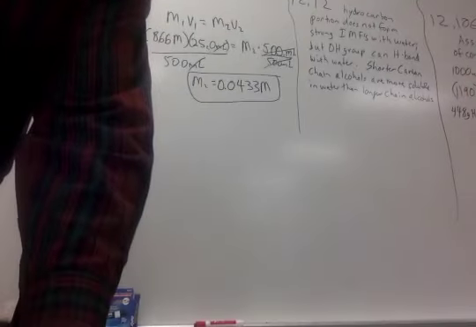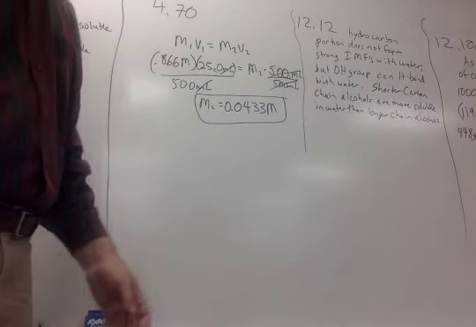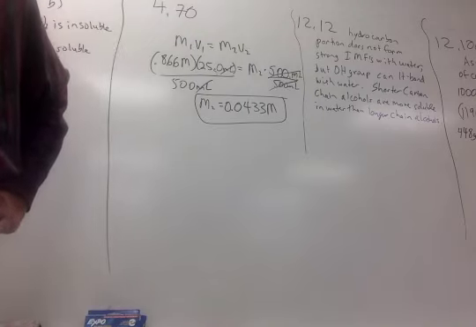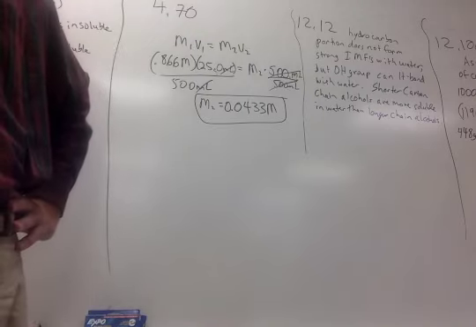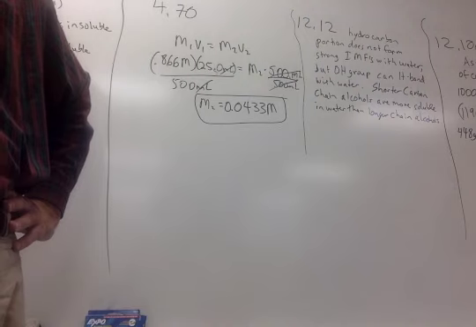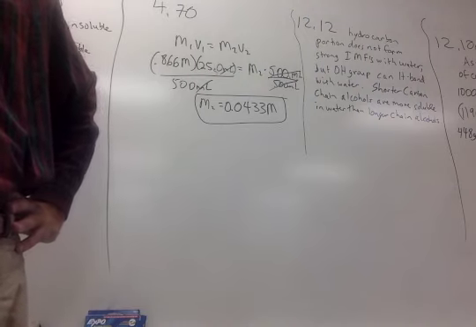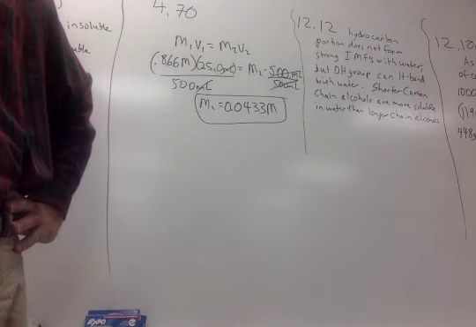Okay, 12.12 shows the different carbon chain lengths of alcohols, and the smaller alcohols it shows are very soluble in water, but when the chains get long enough, then they become less soluble in water.